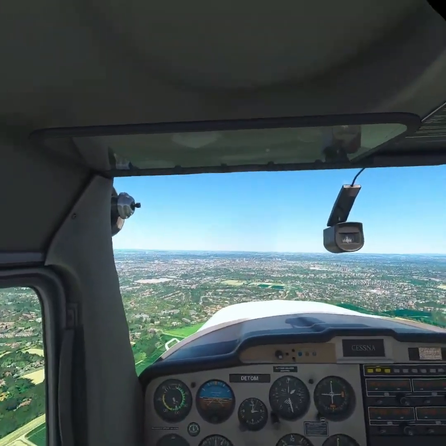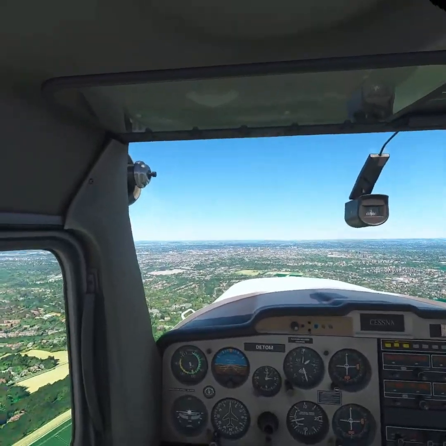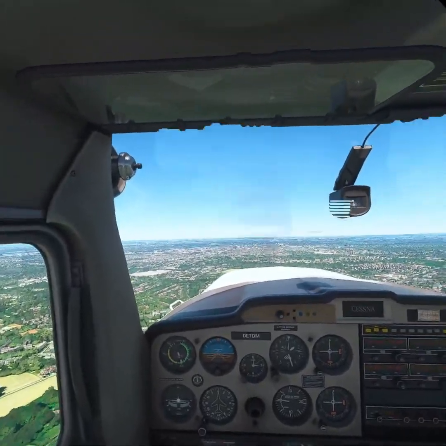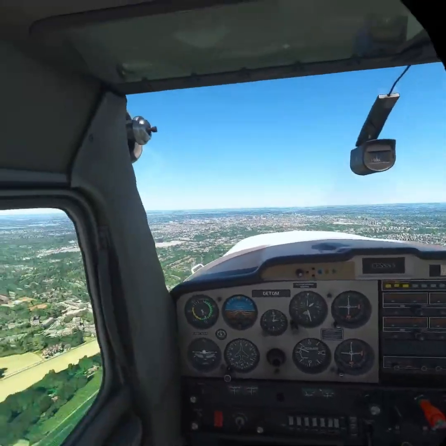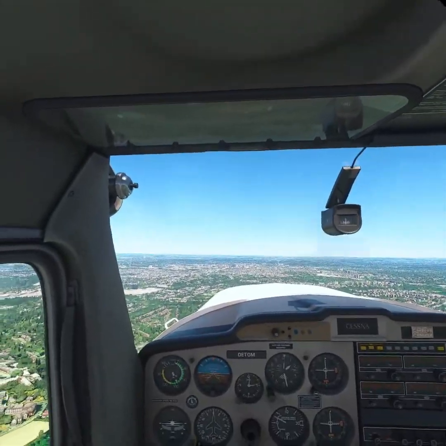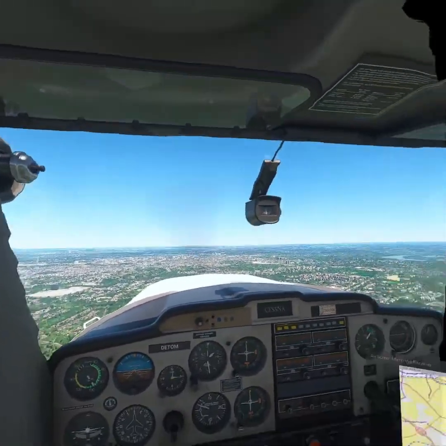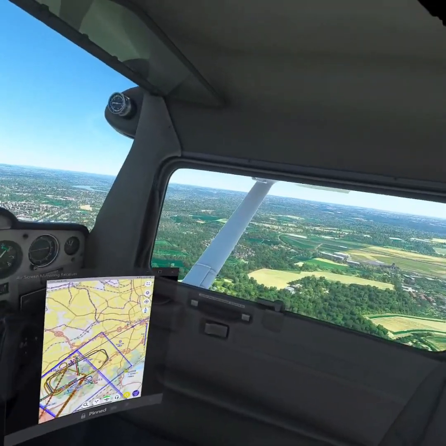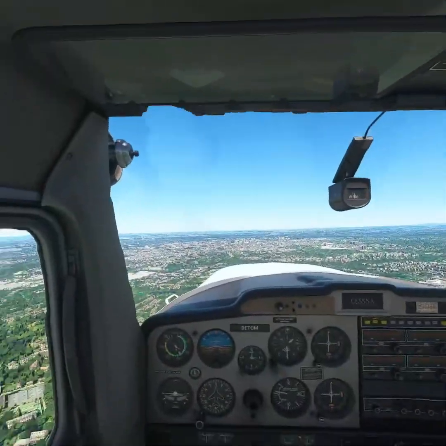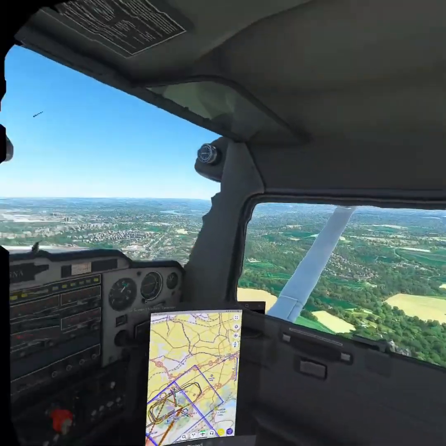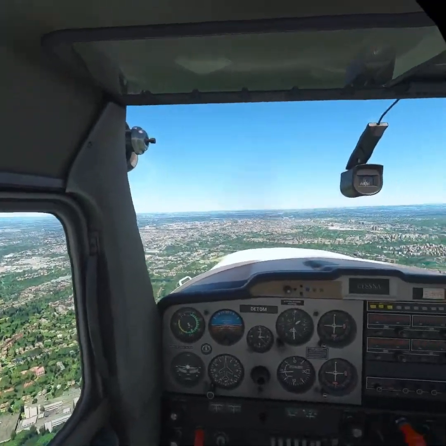Again, having a look, maintaining 1400 feet. We are doing between 90 and 100 knots. On my right side, we can already see that we are abeam the runway.